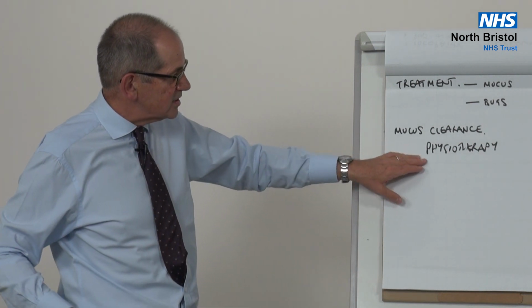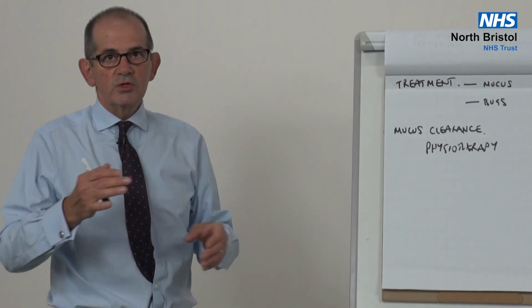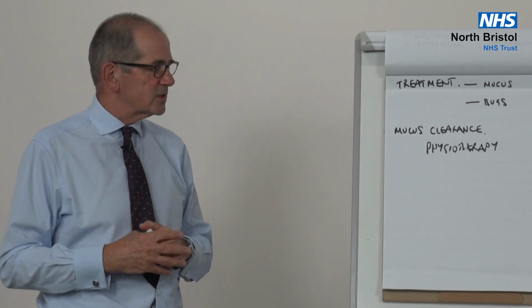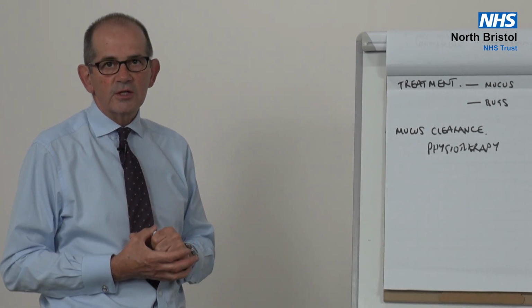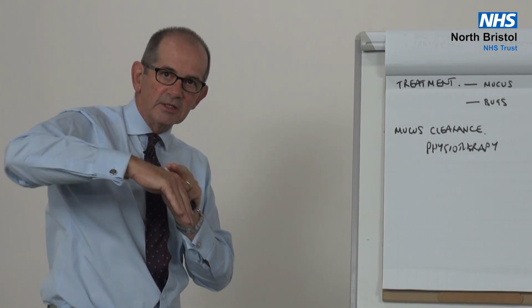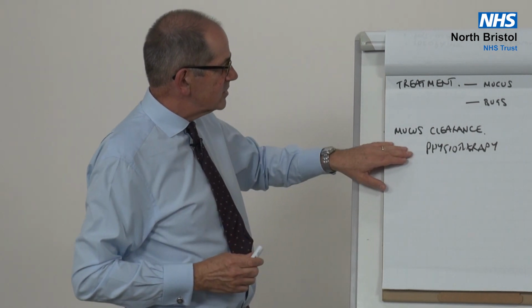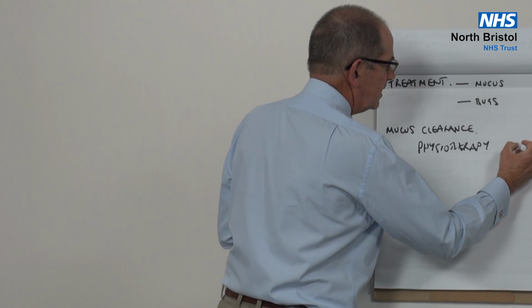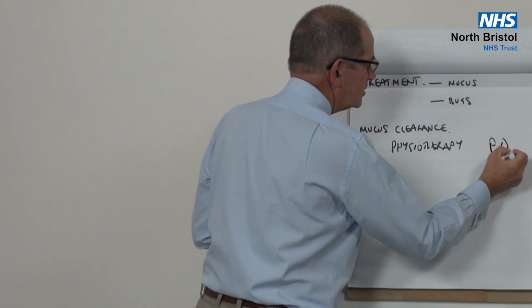So one of the mainstays of physiotherapy is to use gravity in our favour by tipping the patient upside down, something we technically call postural drainage, but essentially it means getting the bottom of your lung above your head to allow the mucus to drain out.